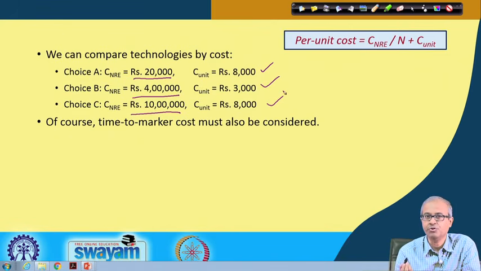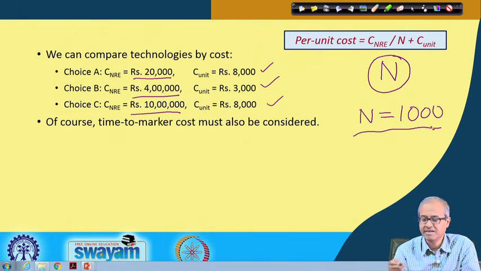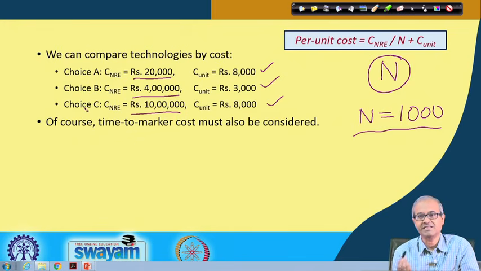So, what you can do, you can calculate the per unit cost for some particular value of n. Well, I leave it as an exercise for you. Suppose I say I want to manufacture 1000 units of a product, then using this formula you calculate the per unit cost for choice A, choice B and choice C, and see which one of them is better.